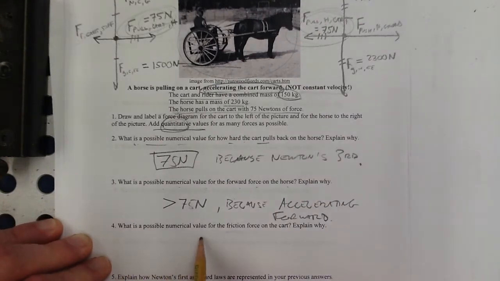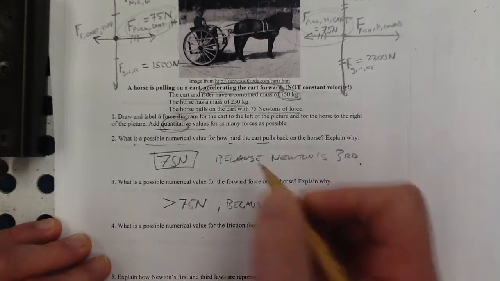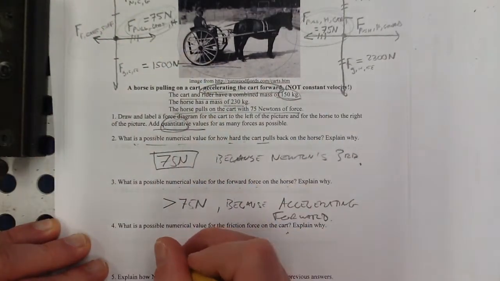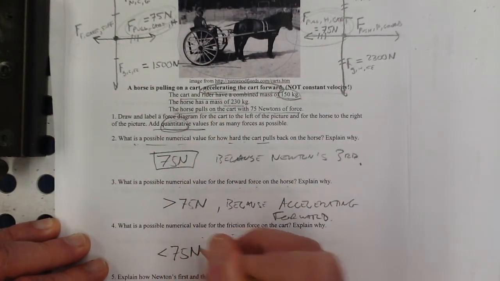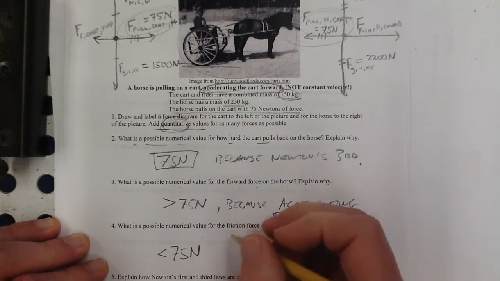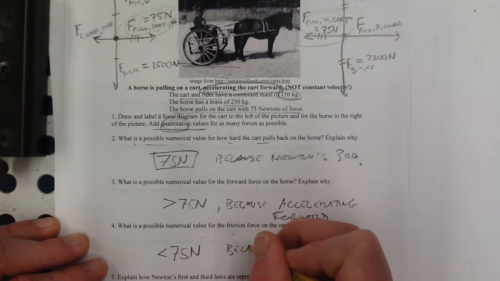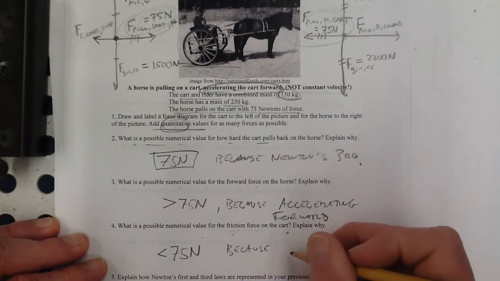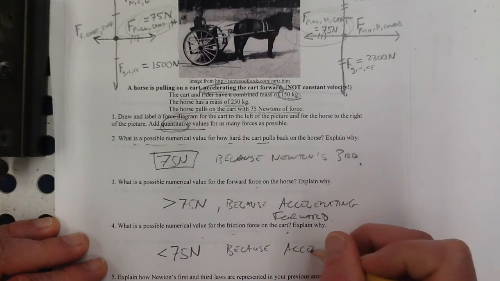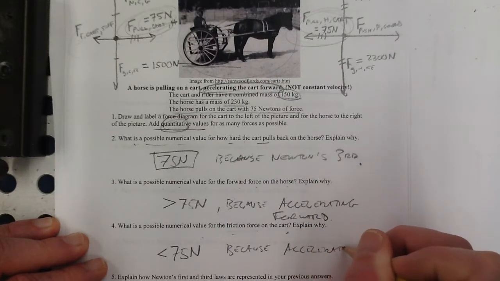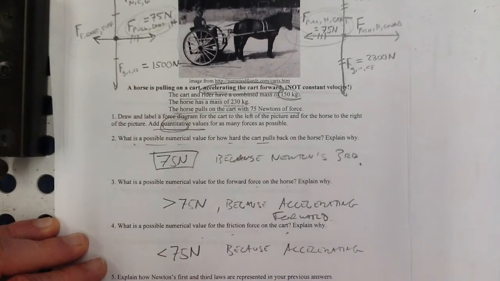What is a possible numerical value for the friction force on the cart? The friction force on the cart has to be less than 75 newtons because, same reason, it's accelerating forward. So it's got to be less than that.